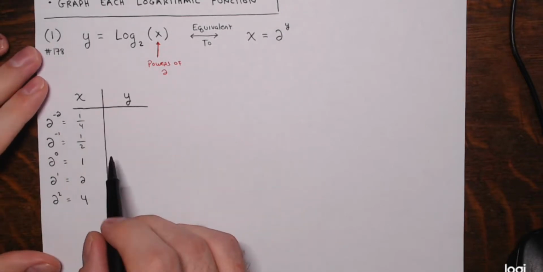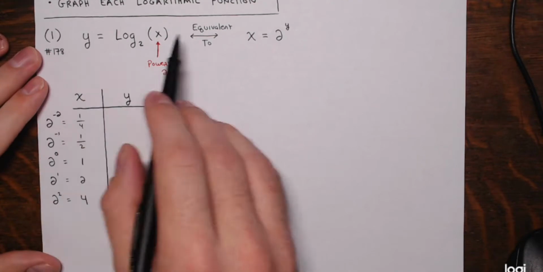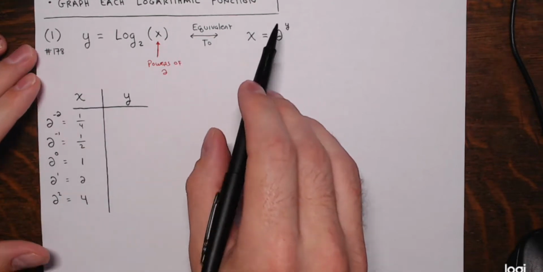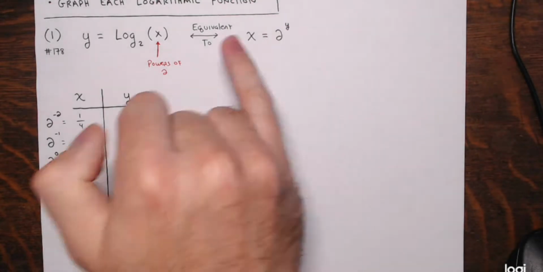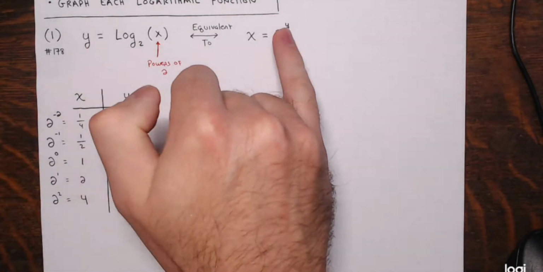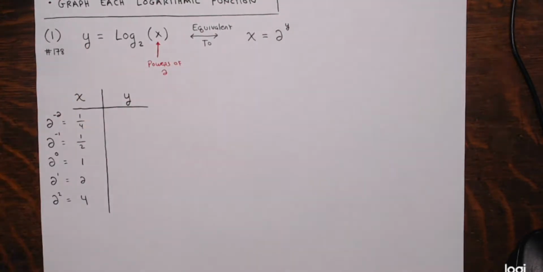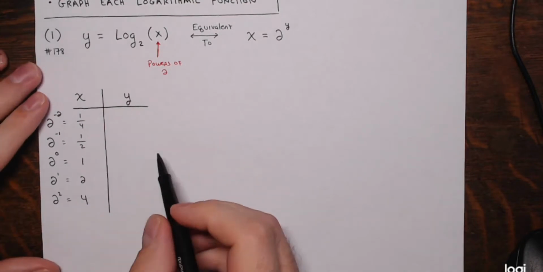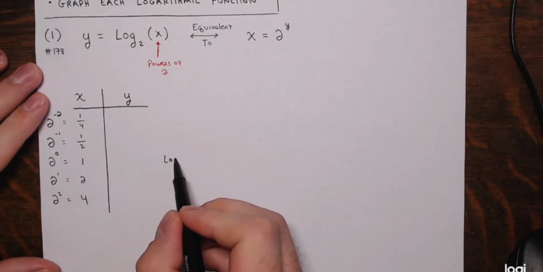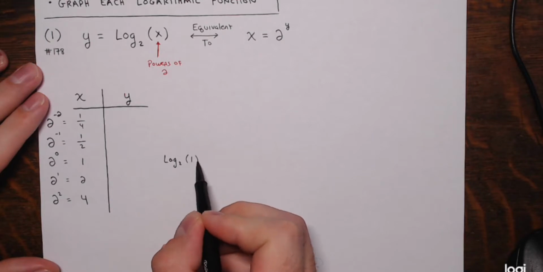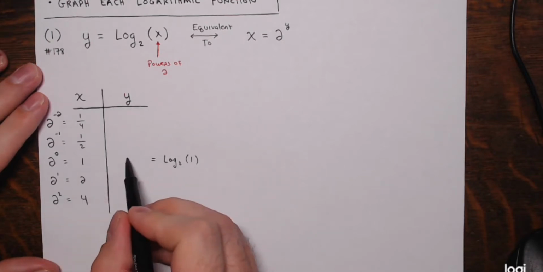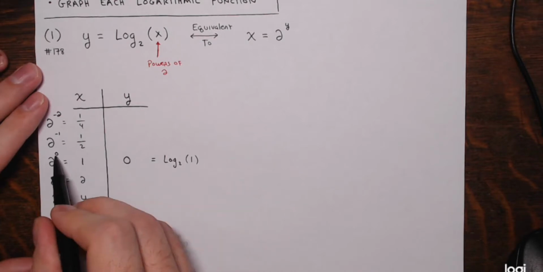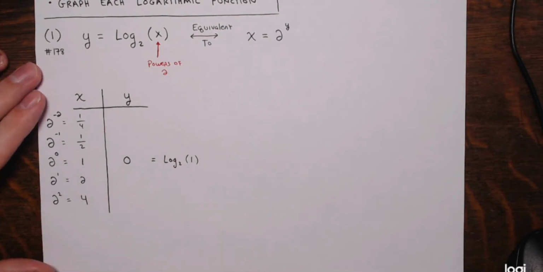And then the output is just the exponent on those powers of 2. So we have x equals 2 to the y, so y is just the exponent on those powers of 2 that I'm plugging in. Remember the log base 2 of 1, if I plug in 1 for x, that's 0, which again is just the exponent on that power of 2 I plugged in for x.